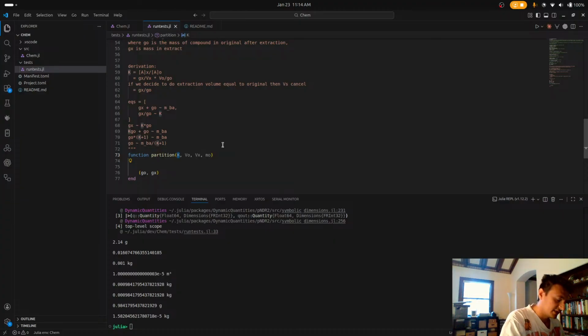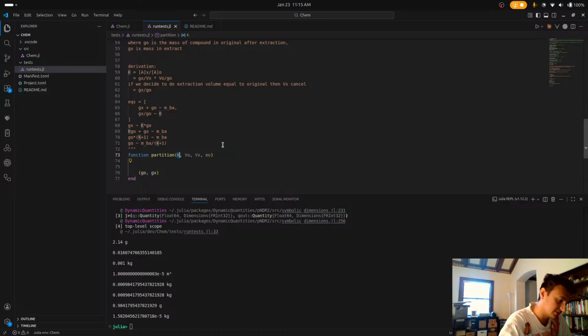Okay, so then we're gonna get this equation: k is equal to vo over vx times gx over go, and gx plus go equals m. So if we want to solve, we're going to first do k go times vx over vo is equal to gx.